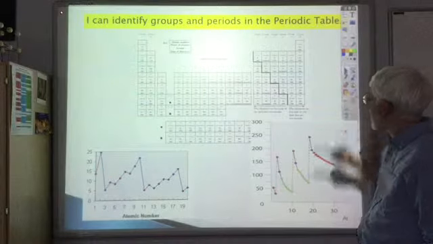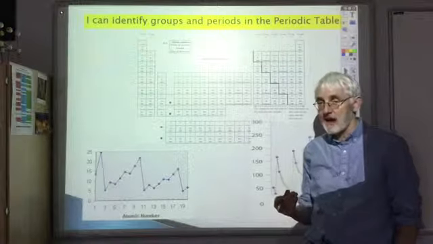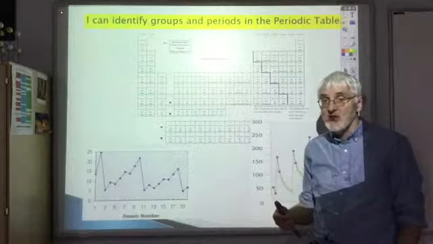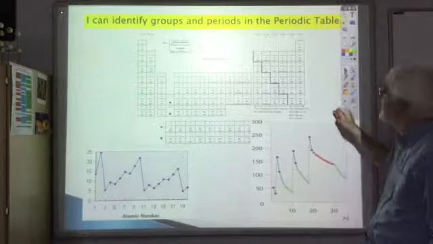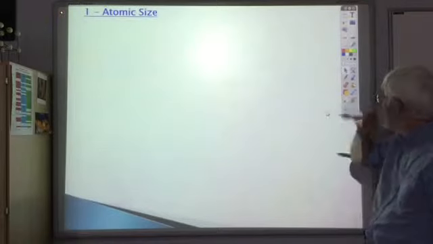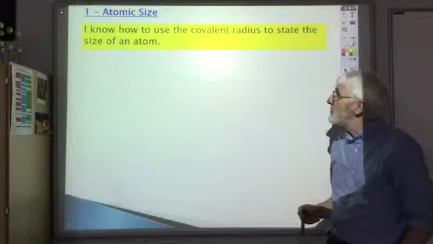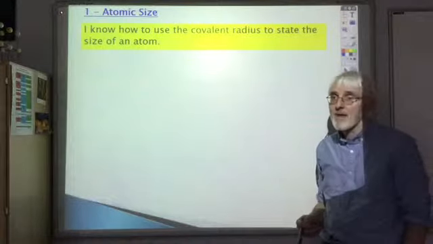Now in this section we're going to look at the trends for three specific properties: atomic size, ionisation energies and electronegativities. So let's start with atomic size. And the first learning outcome is that you should know how to use the covalent radius to state the size of an atom.